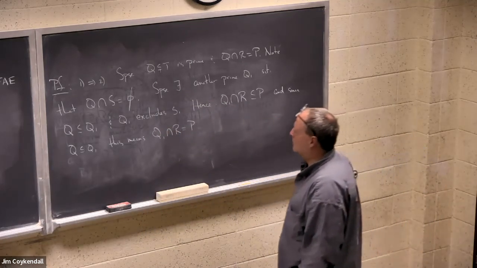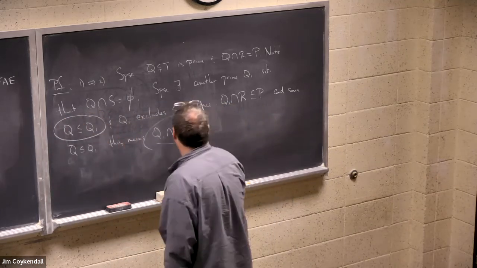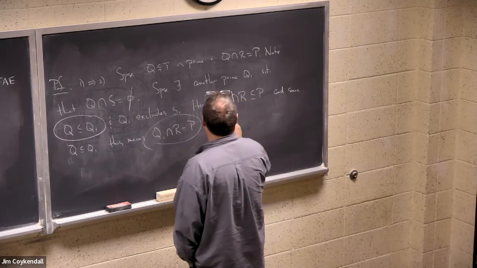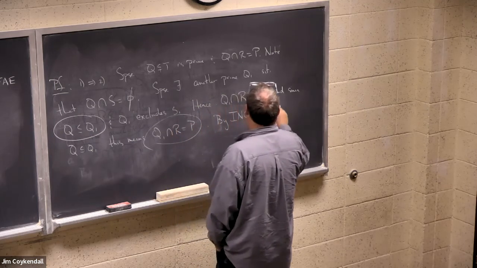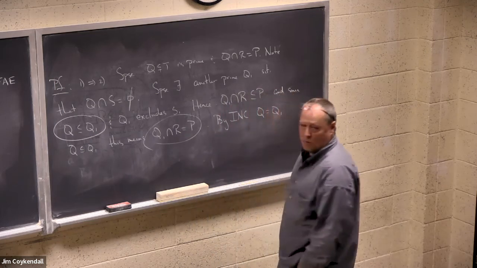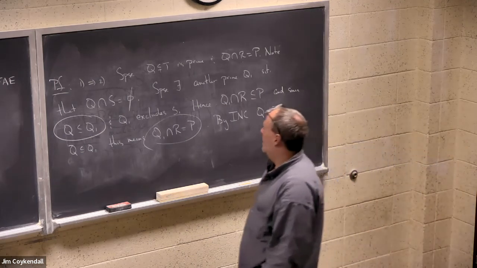So now you have two primes, Q and Q1, both intersecting with P. So by incomparability, Q equals Q1, because you can't have two comparable primes intersecting the same thing.